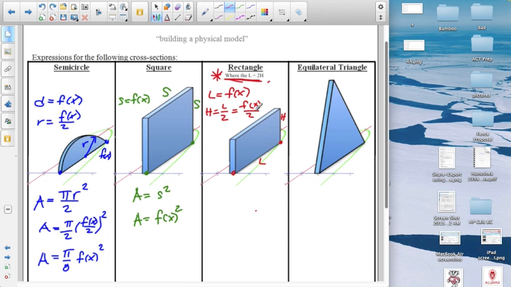And then once you have this appropriate proportion, you can go ahead and get your area expression for the rectangle, which is going to be length times height. And so that's going to be f of x times half f of x. And so that's going to be 1/2 f of x squared.